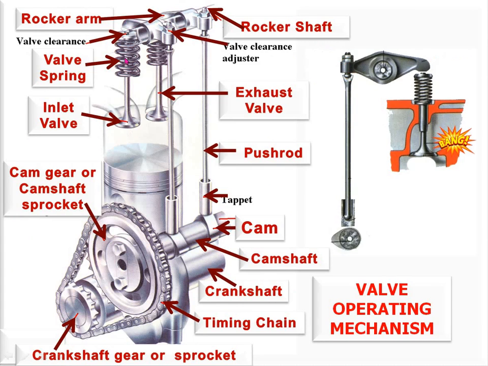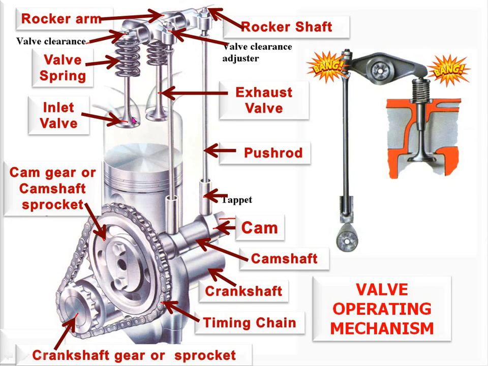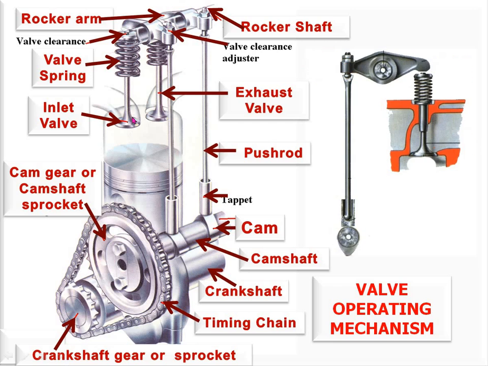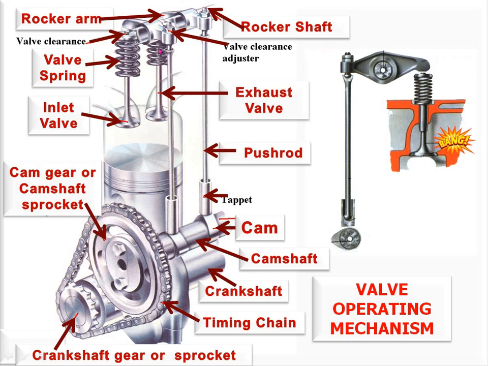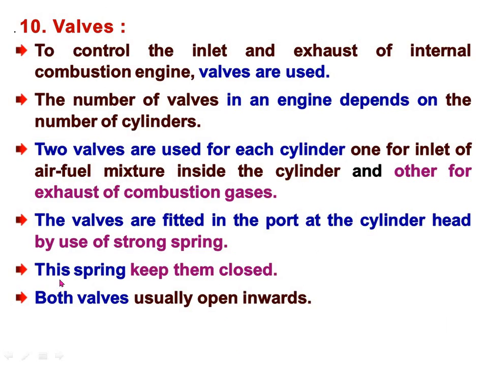See, this is the spring which, through its pressure, generally keeps the valve fit in the hole, but as and when the cam pushes the push rod, that upward motion is transferred to the spring, and by compressing the spring, the valves open in the cylinder. Both valves usually open inward, meaning both valves open inside the cylinder.